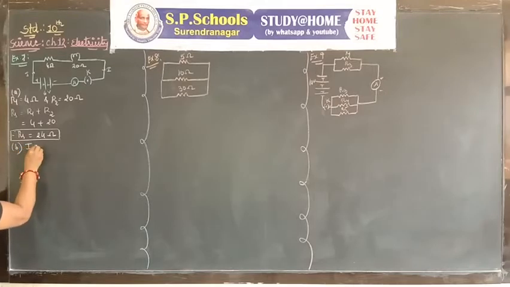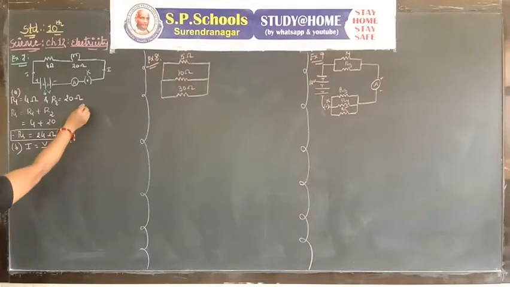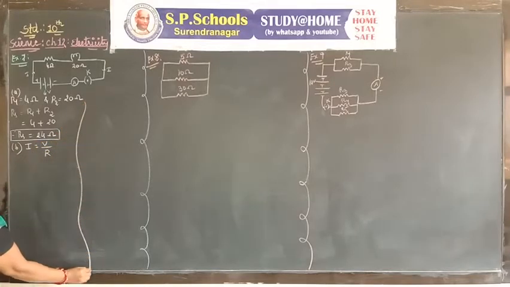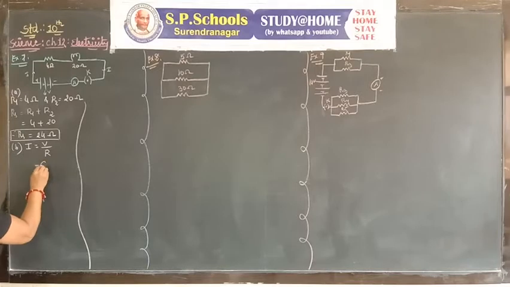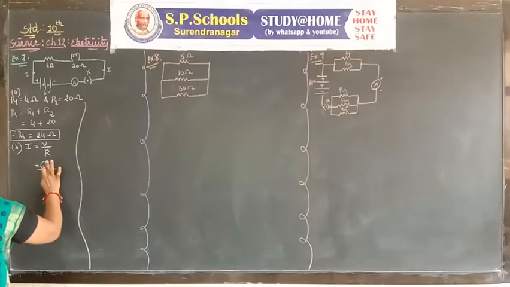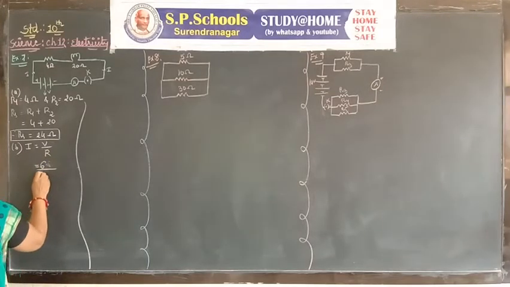We use the formula of Ohm's law: V is equal to IR. We can make I the subject, so I is equal to V upon R. We have the 6 volt battery, which is given in the figure, and the resistance which we found is 24.